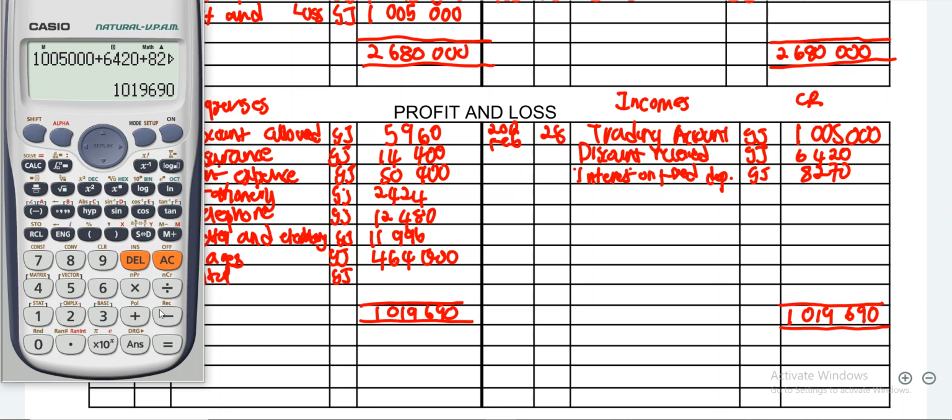Now if we take this and say minus all that is on the debit side, so 1,019,690, then we subtract 464,000, then subtract 11,996, then subtract 12,480, and then subtract 2,424, and then maybe let me confirm if that figure is the right one.